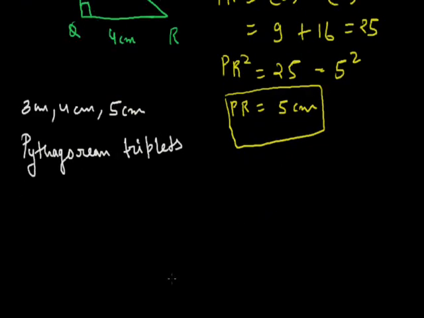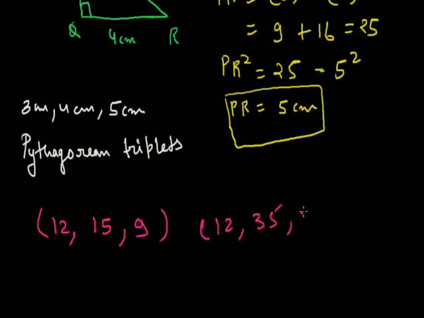Some more Pythagorean triplets are 12, 15 and 9, 12, 35 and 37.